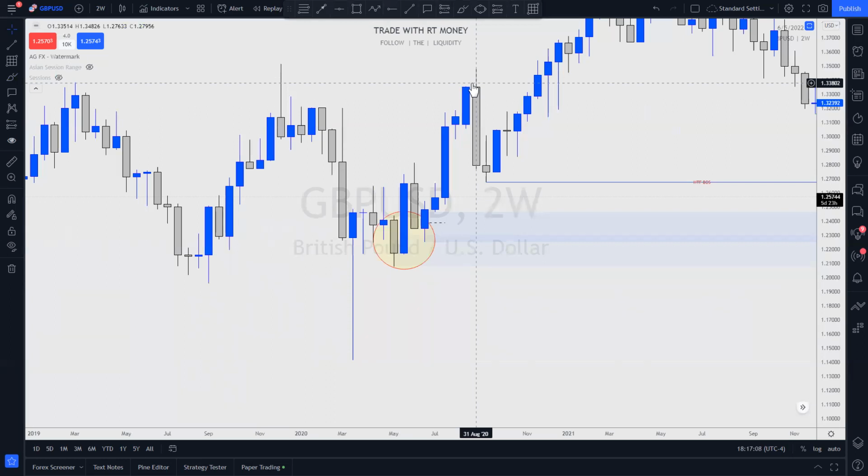What we did was change character. It was bullish here, and then it went sideways, and then you see we found support here.